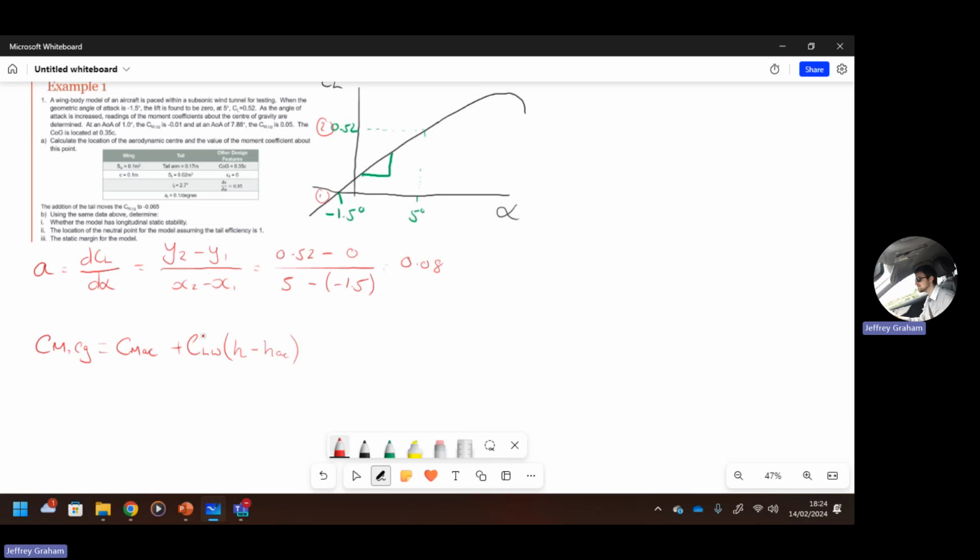Right, key points. Rearranging this effectively, the CL is basically the lift curve slope times its angle of attack.